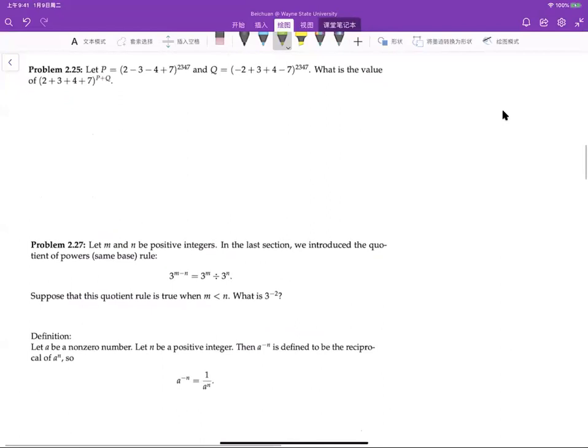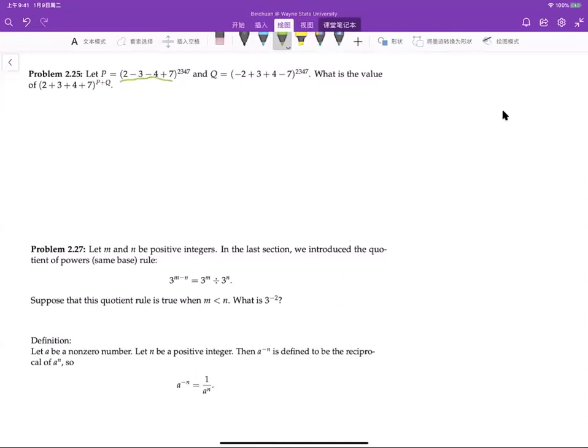Then 2.25. So any idea? Let P be a number and Q be another number. What's the value of P plus Q, where P is 2 minus 3 minus 4 plus 7 to the power... To begin with, let's see if we can figure out something. At least those numbers are easy to calculate.